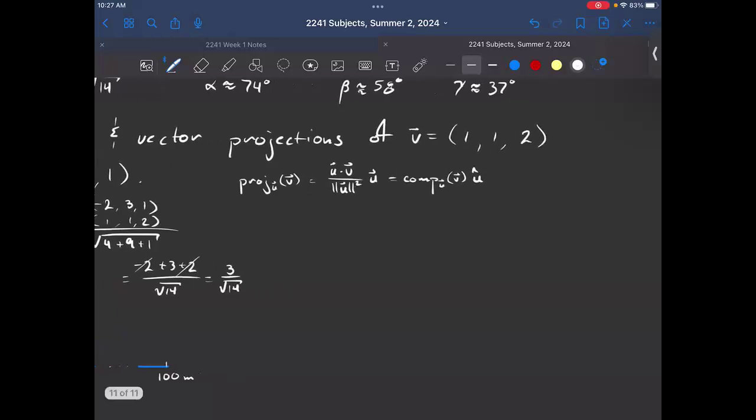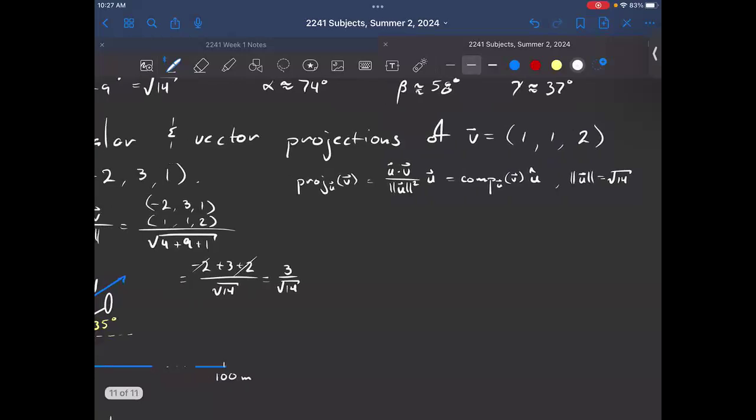So we already know that the norm of u is square root of 14, and the vector u itself is given.